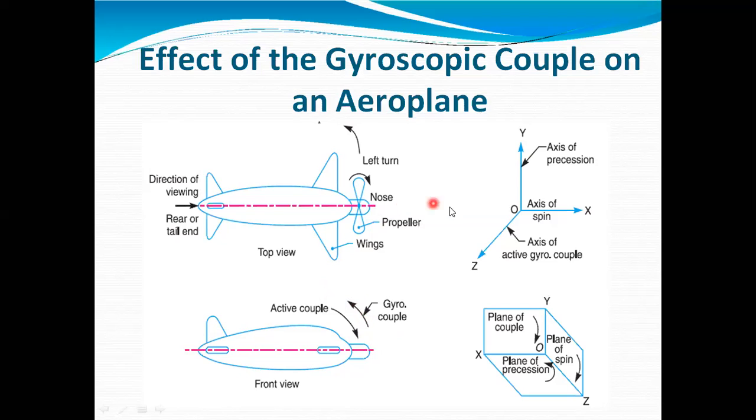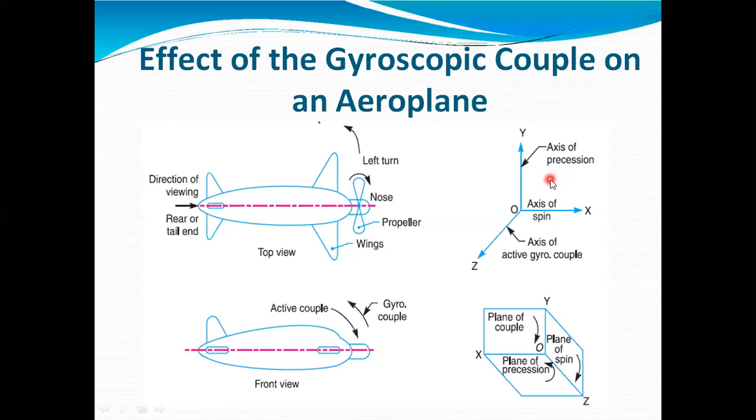And while we see the axis of this turning action, this is the first axis called axis of spin, at which propeller is taking place in the rotation direction, and the another axis which is perpendicular to axis of spin, that is called axis of precession, and the third axis is axis of active gyroscopic couple. And just opposite to axis of gyroscopic couple, there is one more axis which can be treated as OZ dash, that is called axis of reactive gyroscopic couple.